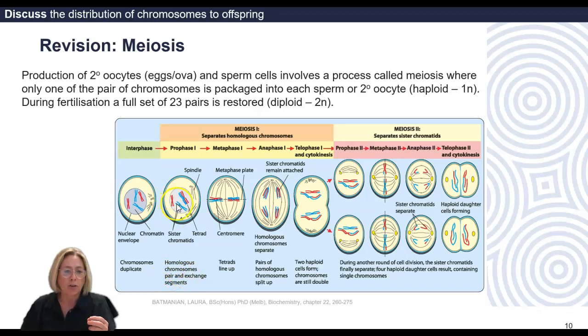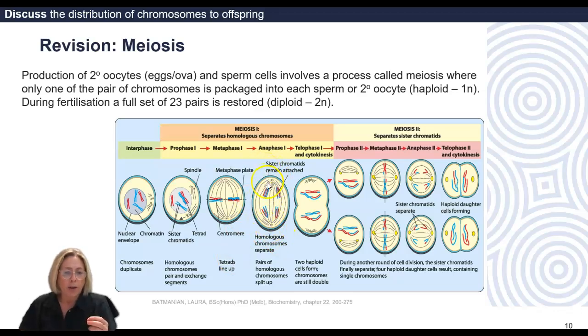So in prophase 1, we have the homologous chromosome pairs, and we get this exchange of segments, okay? They then line up in metaphase on this equator. So we get this formation of these tetrads that line up.